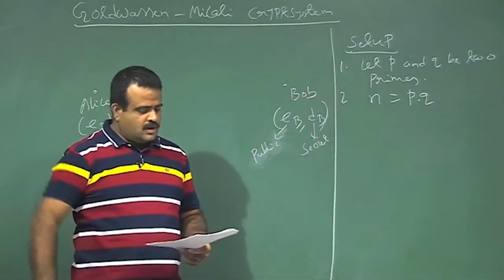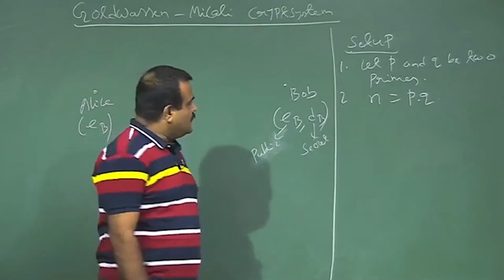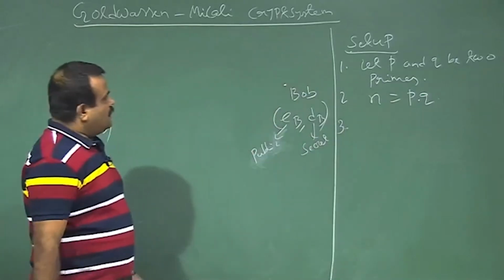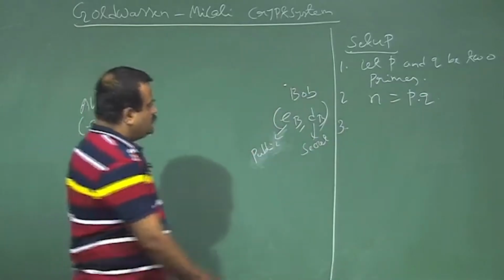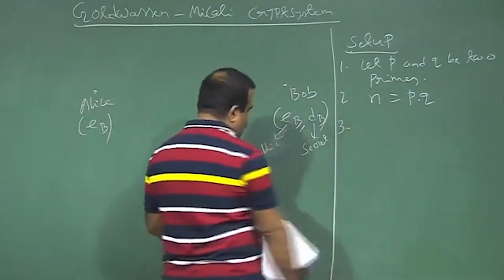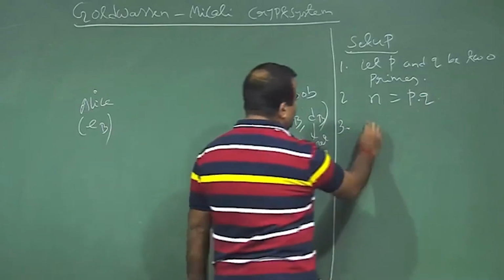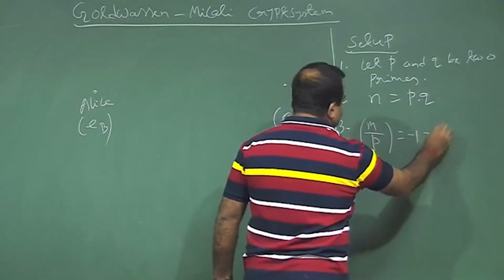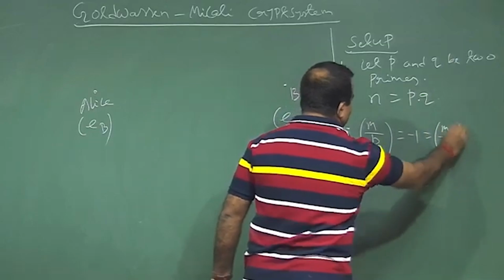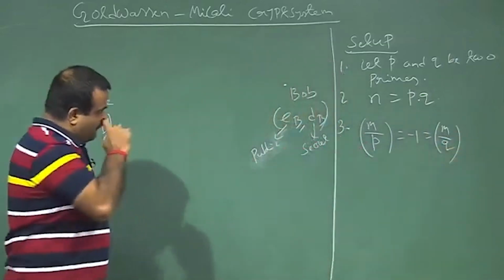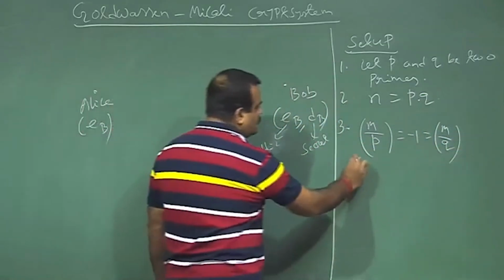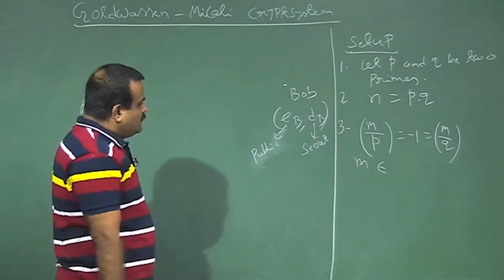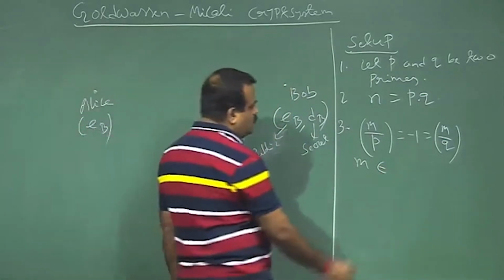Then Bob is choosing an m such that (m/p) = -1 = (m/q). So that means m is a non-quadratic residue mod p and also a non-quadratic residue mod q.